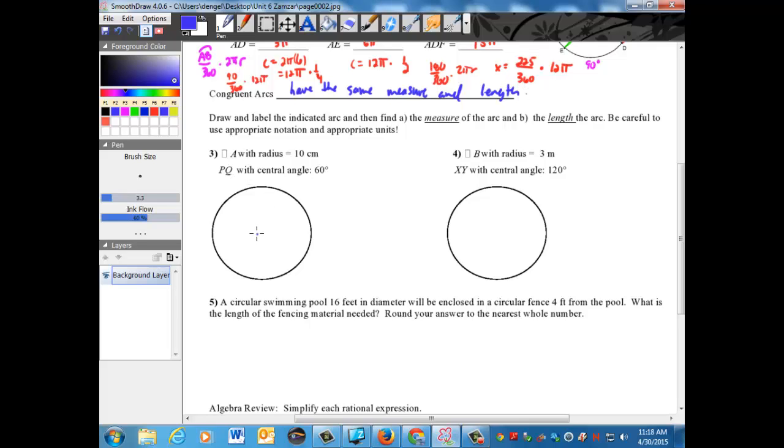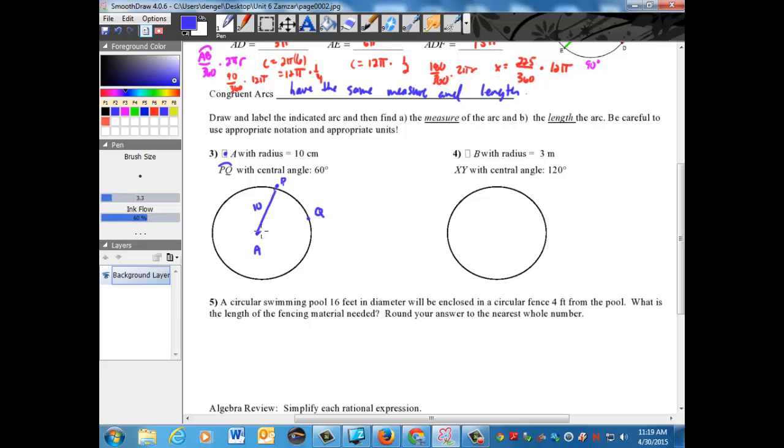All right, here's our center point A with a radius of 10. And PQ has a central angle of 60 degrees. This should be a center point. So let's put P here. We'll put Q there.